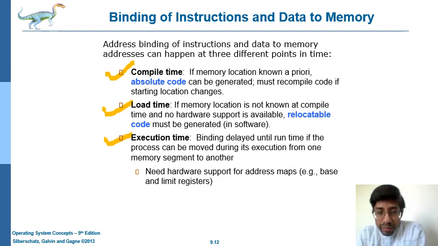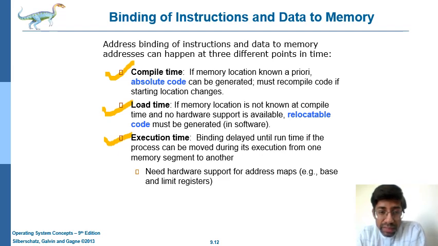Then the third type of binding could be done at execution time, wherein the memory addresses generated for different program elements or variables would not be determined until that program is actually put into execution by the CPU. In this case the binding is delayed until runtime, because the process can be moved in memory from one location to the other, and it might not affect the pre-written code to a great extent.